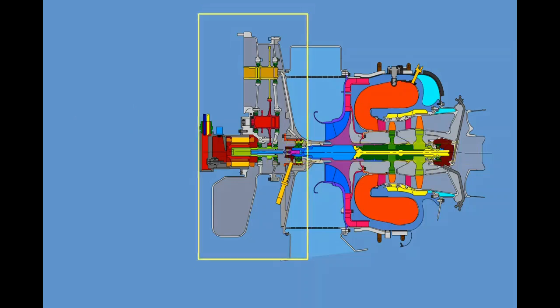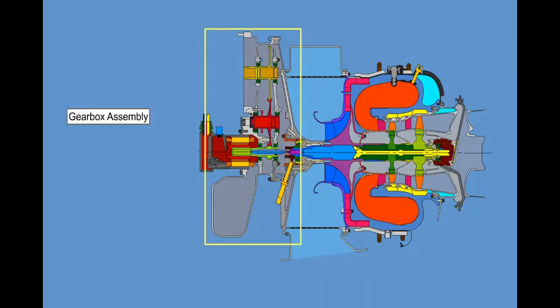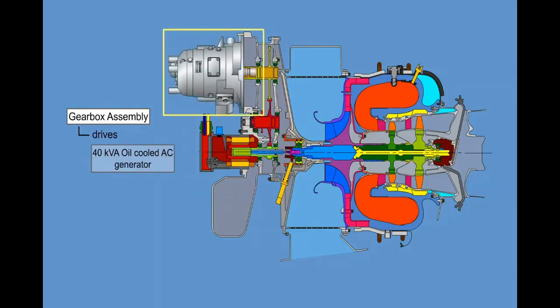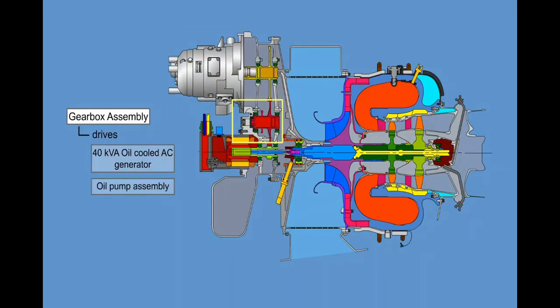Ang gearbox assembly driven by the engine rotor shaft reduces the engine rotor speed sufficiently para ma-drive ang 40 kVA oil-cooled alternating current generator ug ang oil pump assembly.